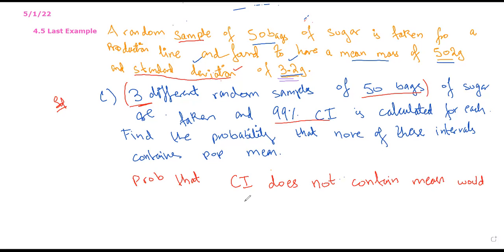Excellent. So we can write it as 1 minus 0.99, that is 0.01. Very well done.